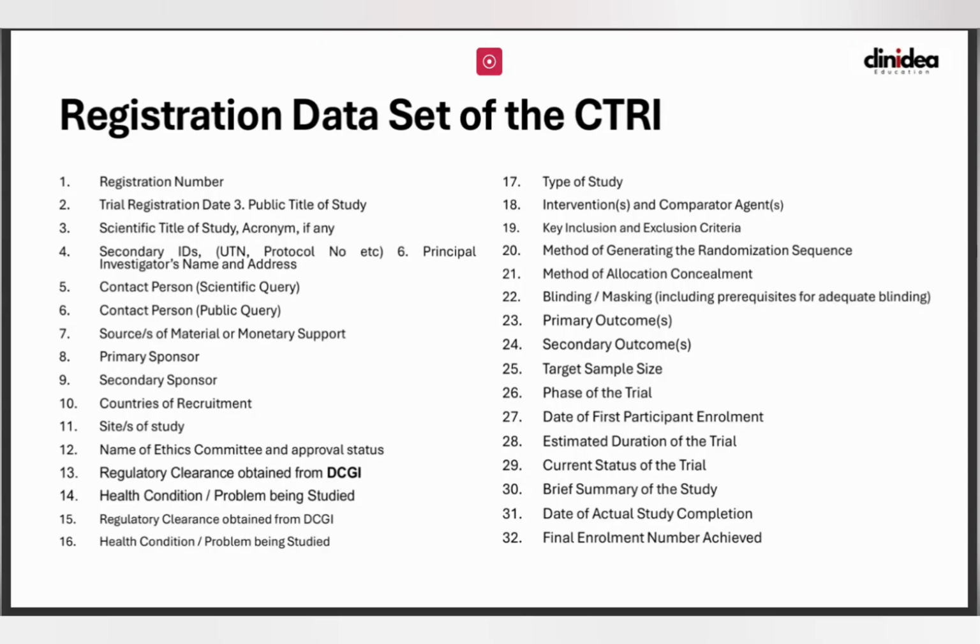Then method of generating the randomization sequence, like on what basis you have divided the people in groups. Like was it done by a chit system? I'm just giving an example that you have chits of two colors, green and blue, or a ball of two colors, green and blue, and you ask the patients or participants to choose one ball one by one randomly, and whatever the color was in their hand, they were divided according to that group.